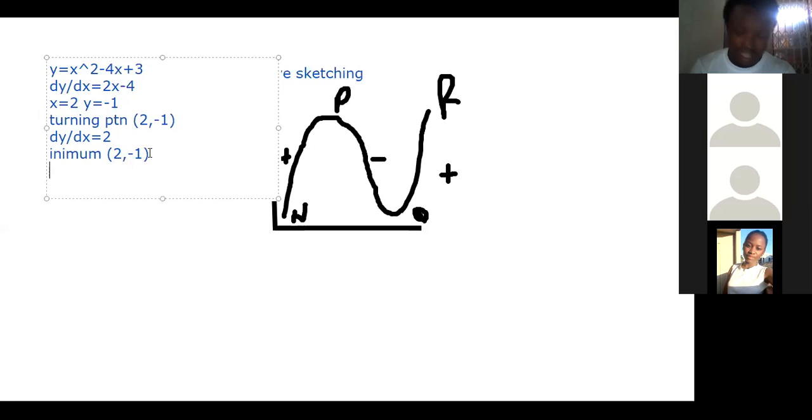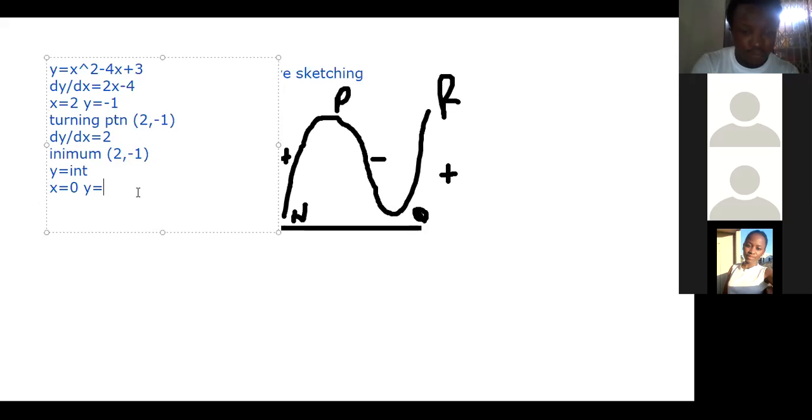Now from there, the steps also say we should find the intercepts. If you are finding the y-intercept, x is equal to 0. When you put x equal to 0 here, what are you going to get for y?